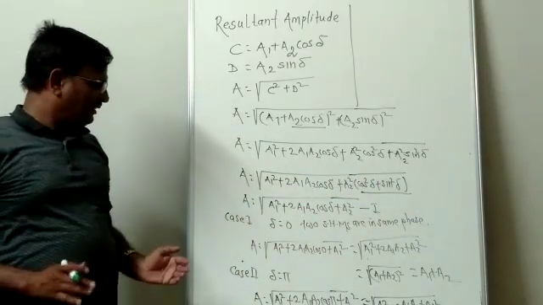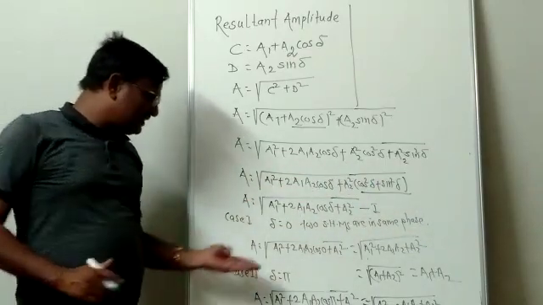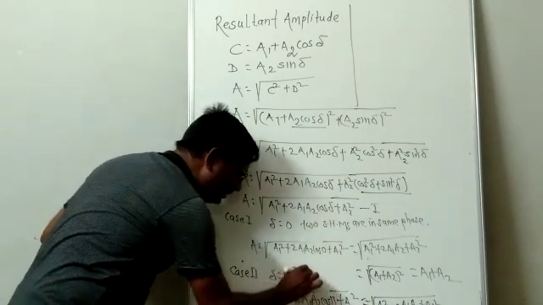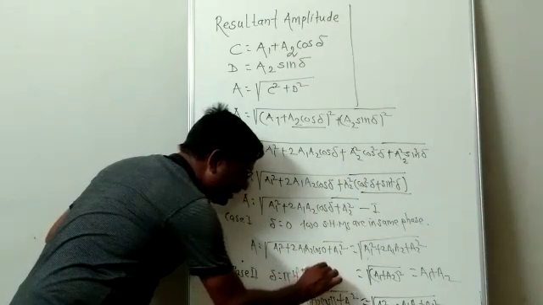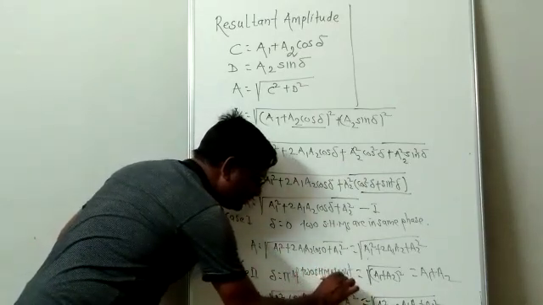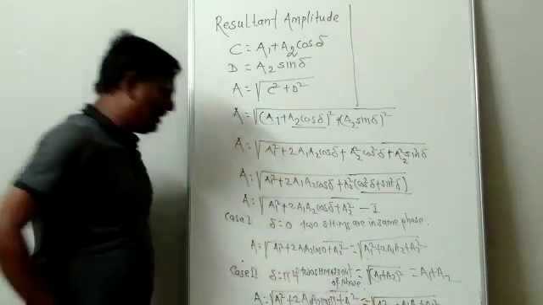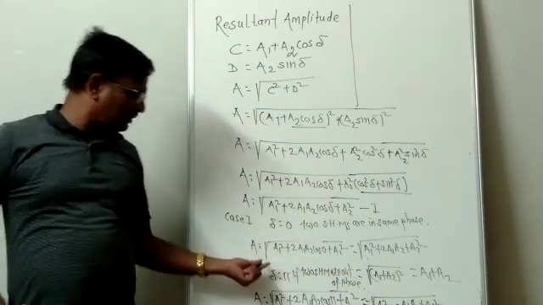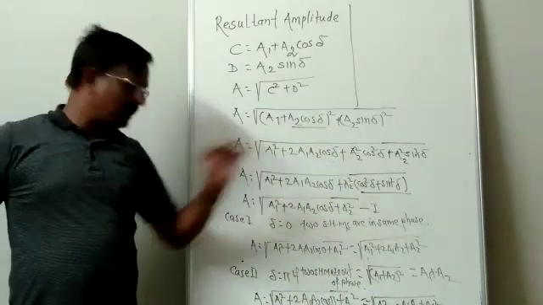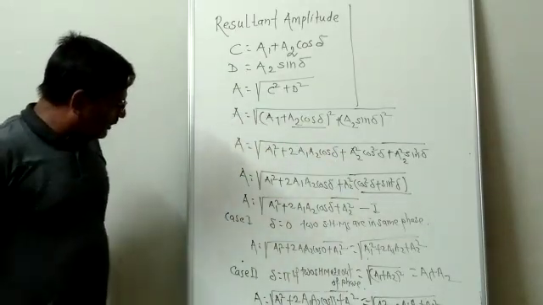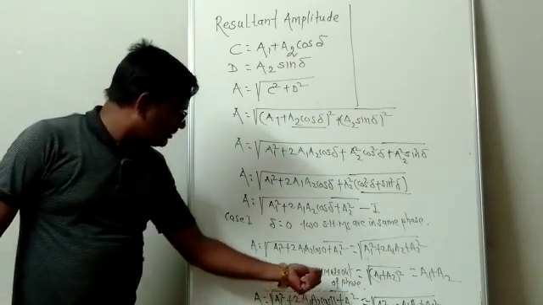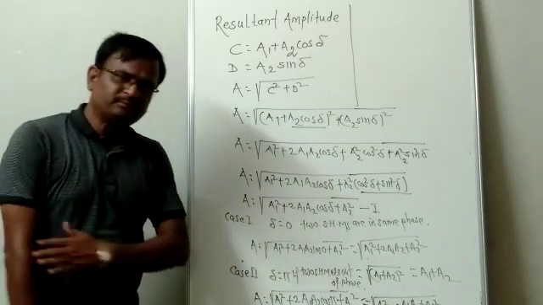Let's examine if two SHMs are out of phase. It means I am going to take delta is equal to pi. Let's put this value in equation number 1. The square root of A1 square plus 2A1 A2 cos pi plus A2 square.